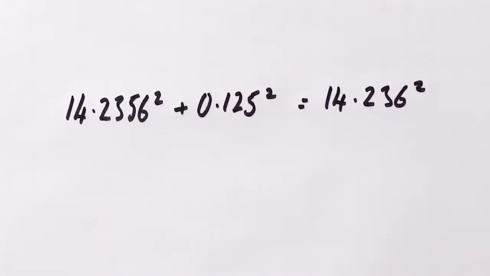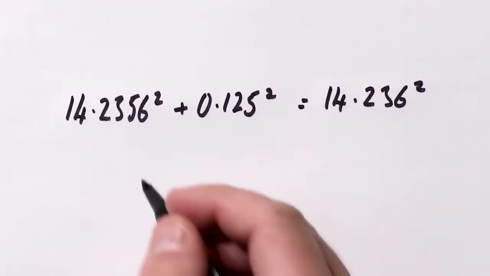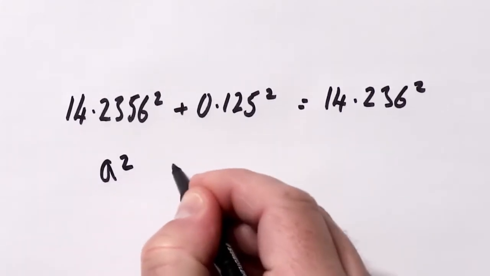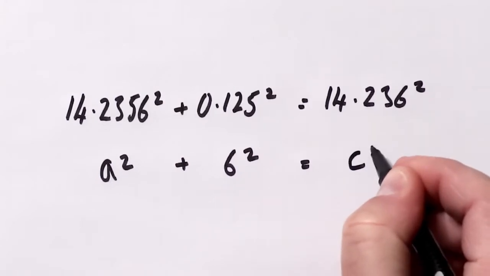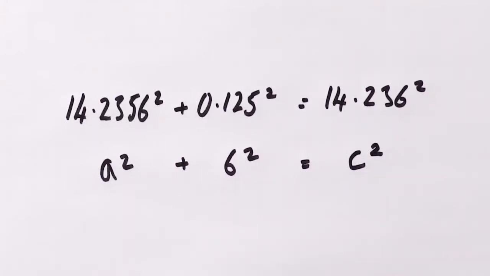Anyone feel uncomfortable when I wrote that down? It's complicated. There's a lot of numbers to deal with in there. It is much simpler to write a squared plus b squared equals c squared. By removing the numbers, it makes us a lot more comfortable.